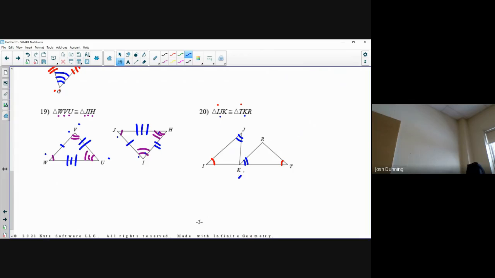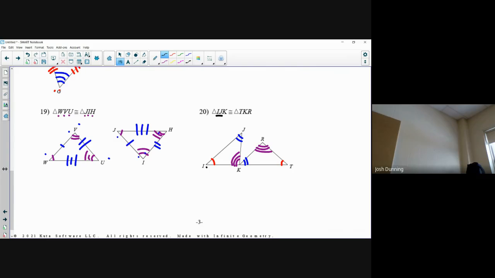So it's got to be the K to the right, because it's the K that's part of that second triangle. Then we use K again, but this time it's on the left side. So it's got to be that K, the angle that's on the left triangle. That matches up.